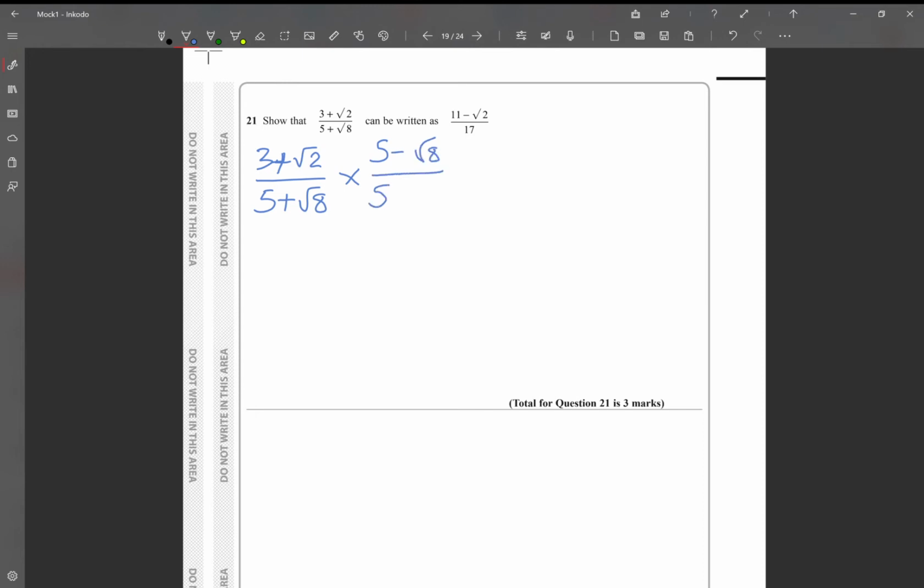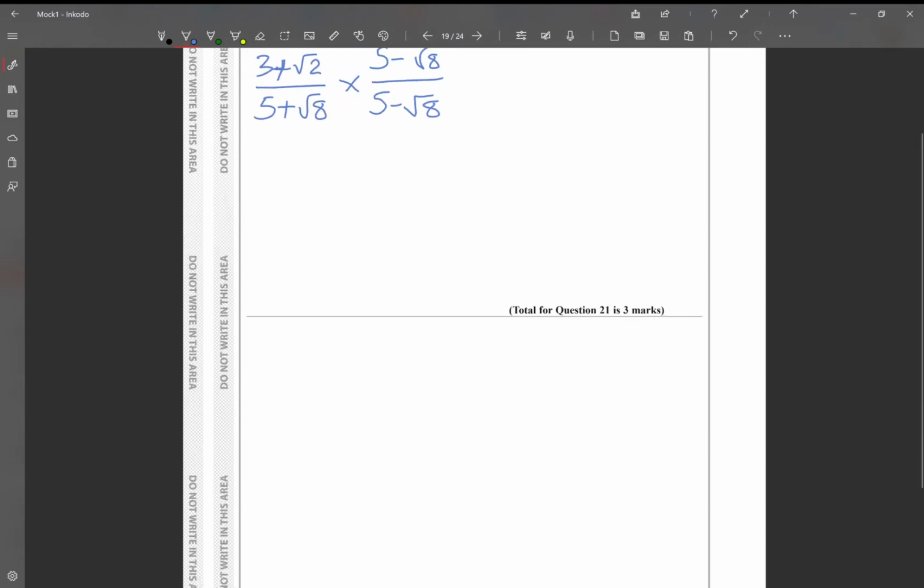Now anything over itself equals 1. So we always times it by the same as what's on the denominator, but with a different sign. That kind of gets rid of it, because what you end up having is a minus root 8, and I'll show you in a second, and it gets rid of it altogether. And we'll come back to that.